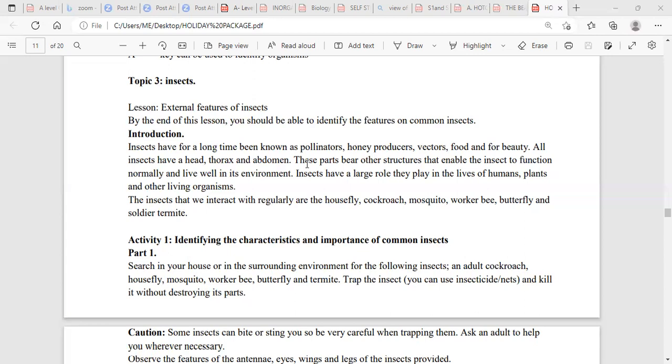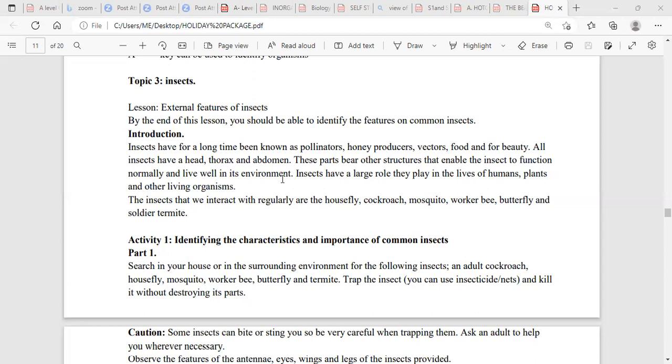These being the main subdivisions of the body of the insects, they also bear other structures that enable these insects to function normally and live well in their environment. These guys play a large role in the lives of humans, plants, and other living organisms.